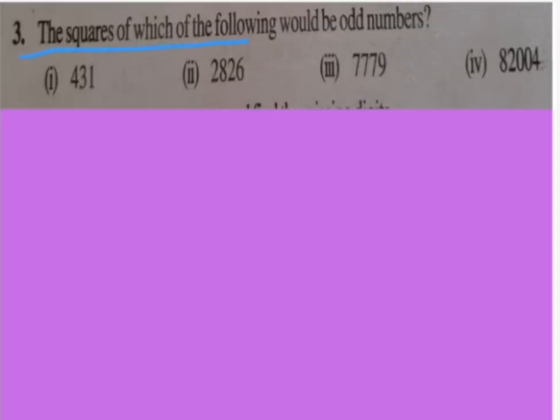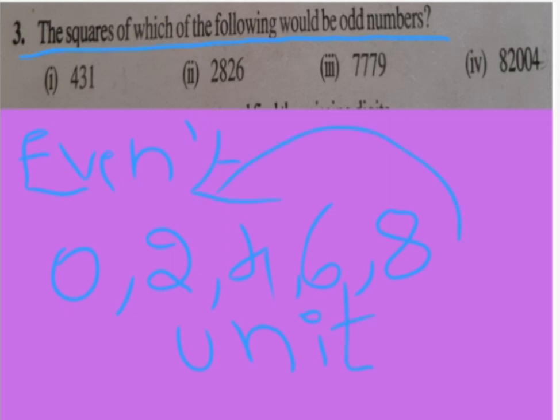The squares of which of the following would be odd numbers? As we know, whenever the number is an odd number, its square is also an odd number. Whenever the number is an even number, its square is also an even number. Then what are odd numbers and what are even numbers? We already learned that in our primary classes, isn't it? Just recall one more time. Even numbers means if you have 0, 2, 4, 6 and 8 in the unit place of any number, then that number is called an even number.